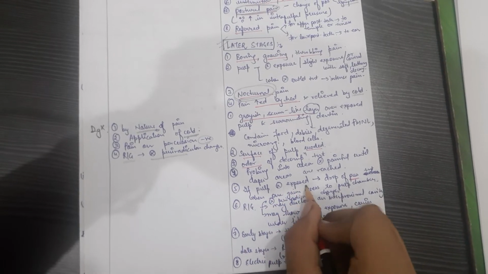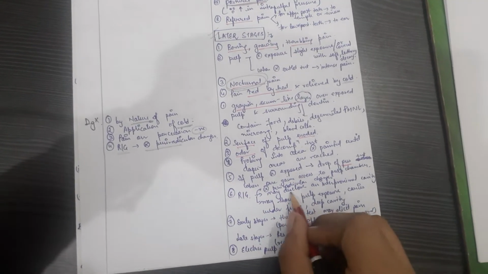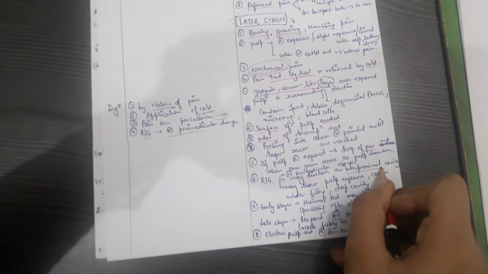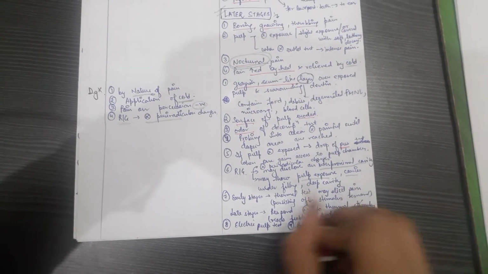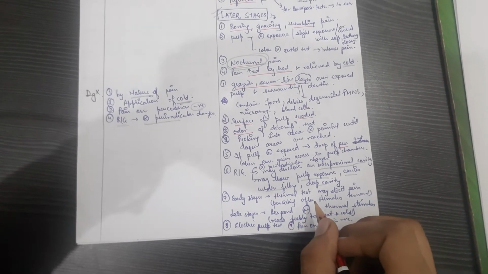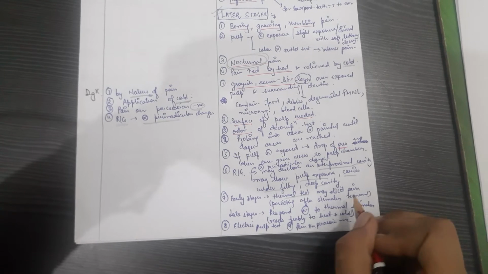Odor of decomposition is present, that is, malodor or foul odor is present. Then if pulp is not exposed, a drop of pus is present. Radiographically, there are no periradicular changes, or it may disclose an interproximal cavity, and may show pulp exposure, caries under filling, deep cavity. In early stages, a thermal test may elicit pain.